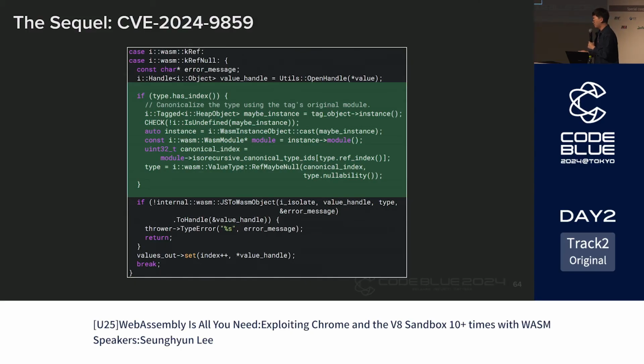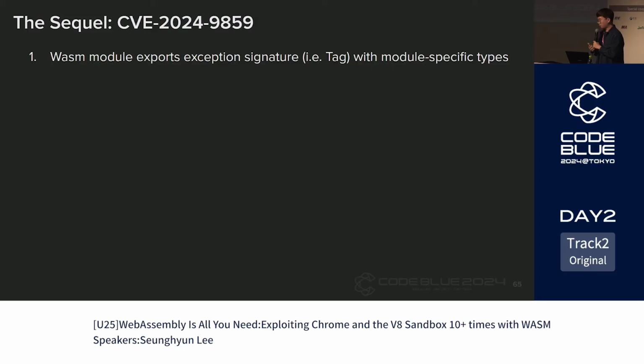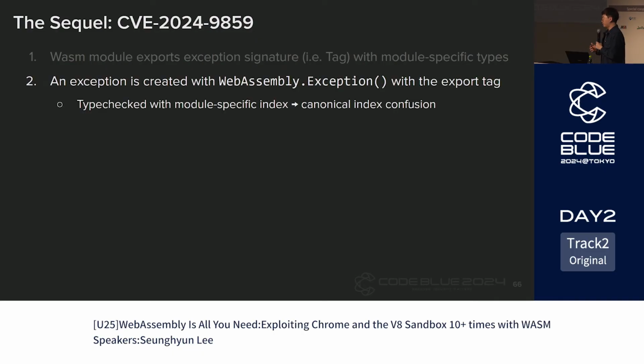Exploiting this is, again, extremely simple. We just create a WASM module which exports an exception signature, which is just a function signature with no return types, but the parameters define what values are stored inside this exception. We export this and then create an exception with the JavaScript API WebAssembly.Exception.